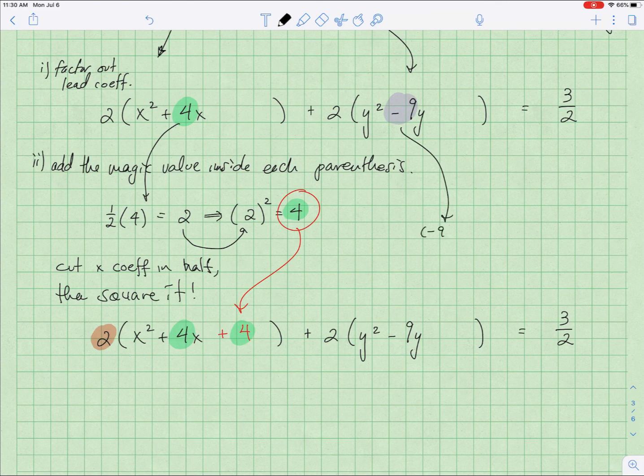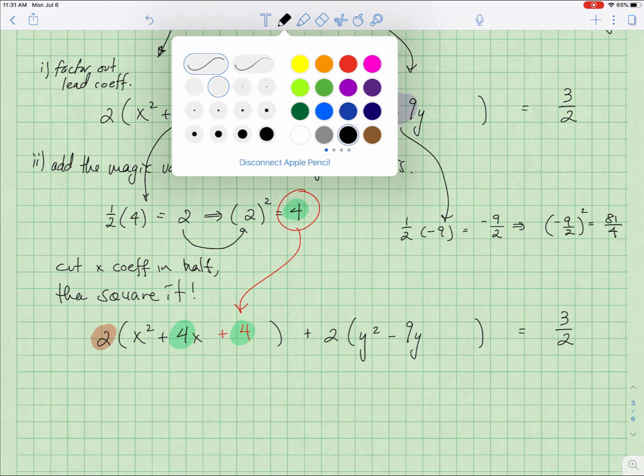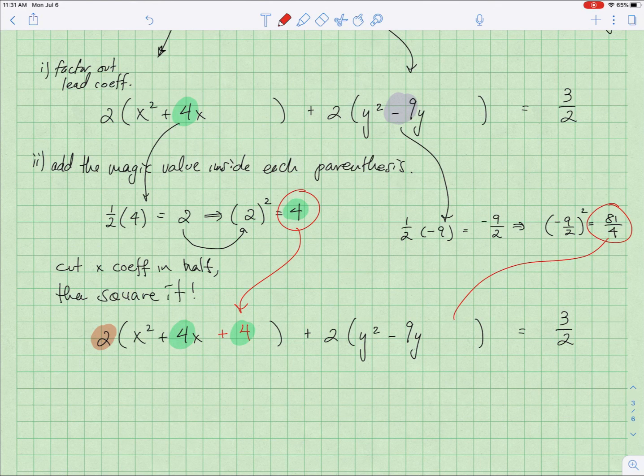We're going to take negative 9 and cut it in half. I'm not going to write that as a decimal because I'm going to have to square it. That's why I really prefer fractions here, because it's a lot easier to just square the numerator and square the denominator. And so that's the magic number that we're going to add in to this set of parentheses, plus 81 over 4 here.